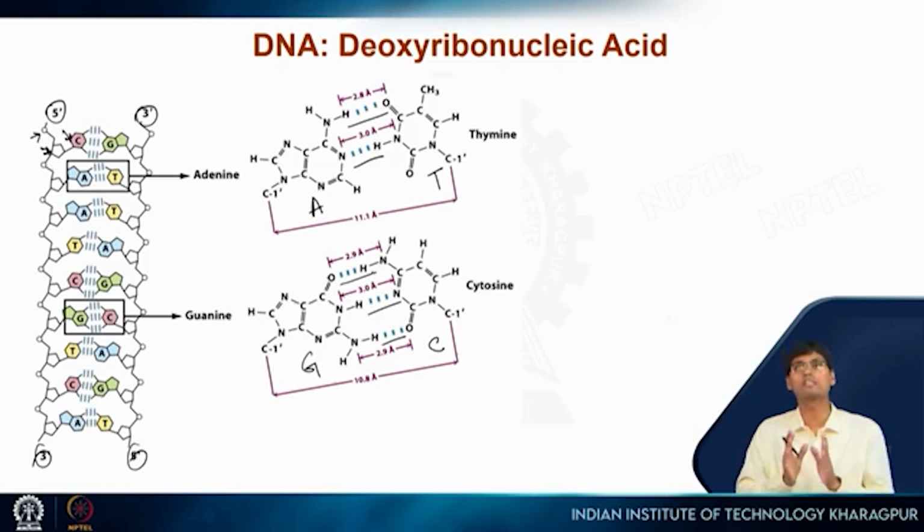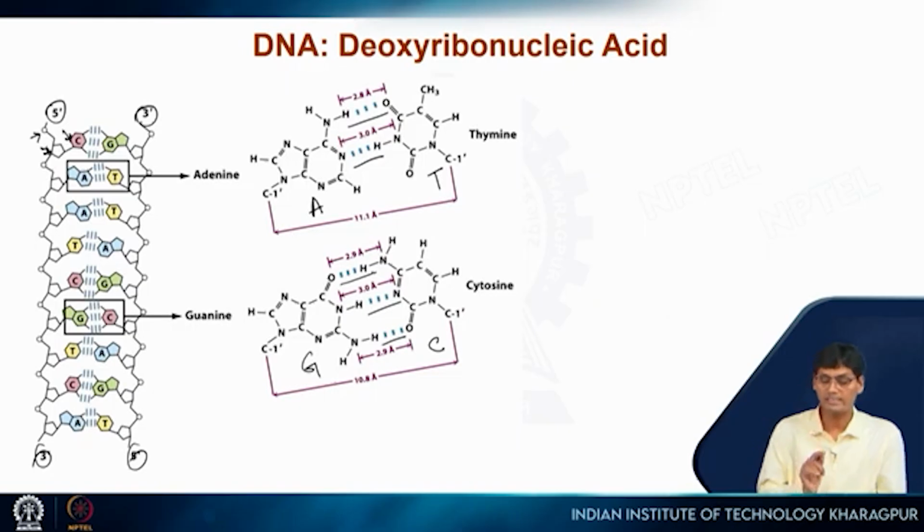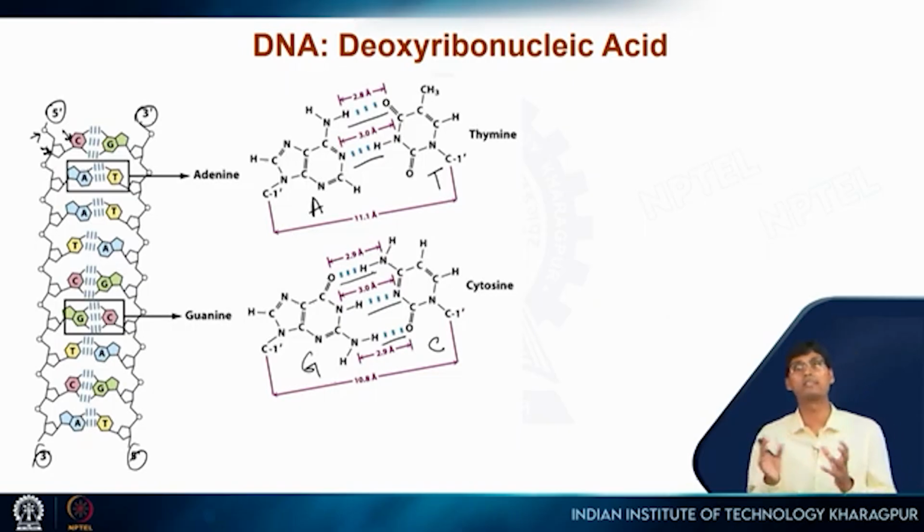So DNA is a double-stranded and helical structure, right? As you can see, A and G are much bigger. When I explain the structure, you will see that the 2 strands are parallel in their dimension. As a result, the width of the DNA should be fixed.